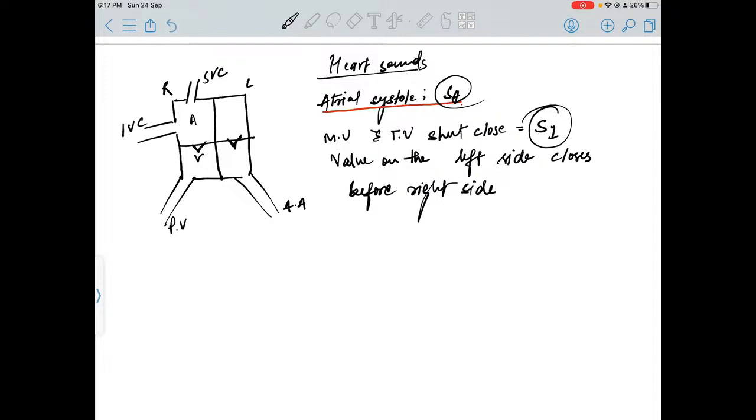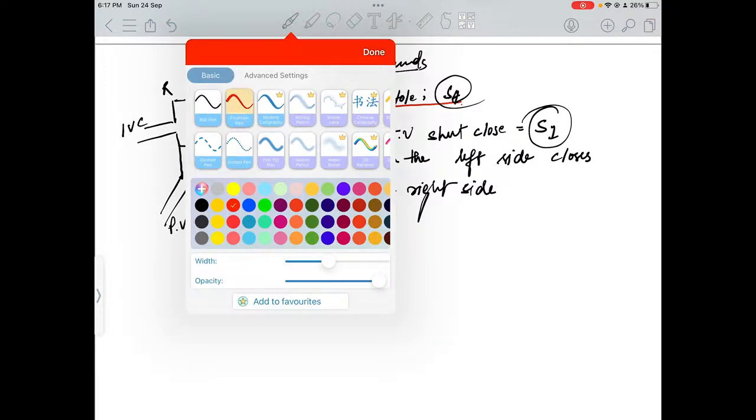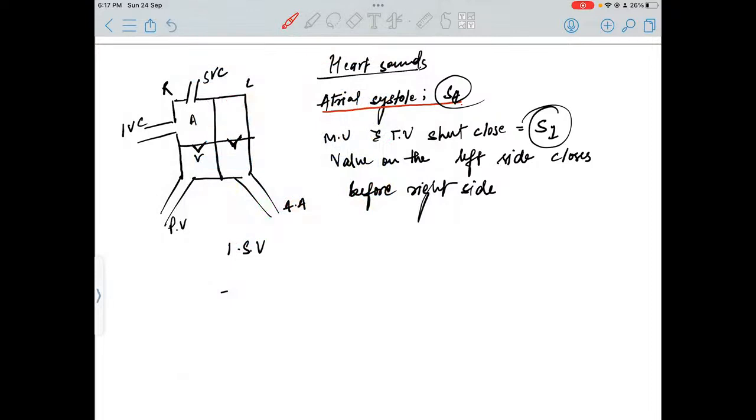Also, during isovolumetric contraction, at the beginning of it, when everything is contracting, these guys shut, these M1 and T1 shut at the beginning of it.